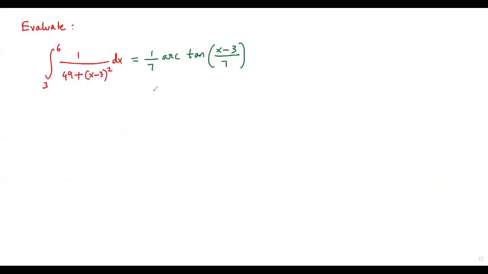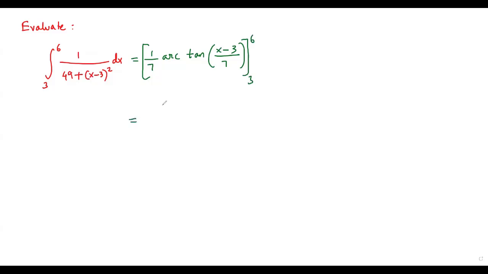Okay, let's continue. Already we got the result of the integration, that is, 1 over 7 times arc tangent of (x minus 3) over 7. Actually, this is the result we got for the indefinite integral, but the given integral is a definite integral with the limits 3 and 6. Now what we can do is plug in the lower limit 3 and upper limit 6 for the result of the integration, that is, from 3 to 6.